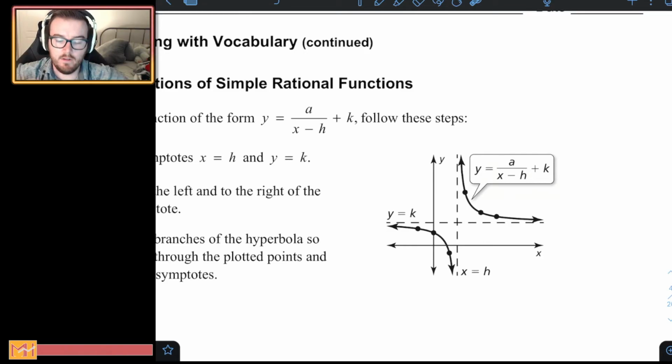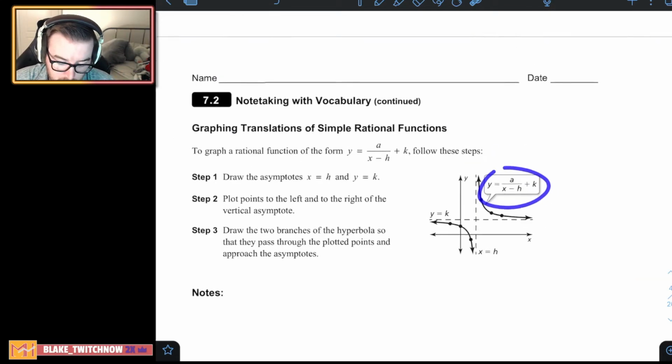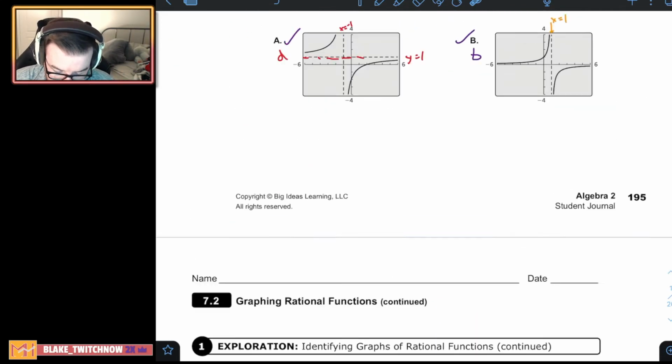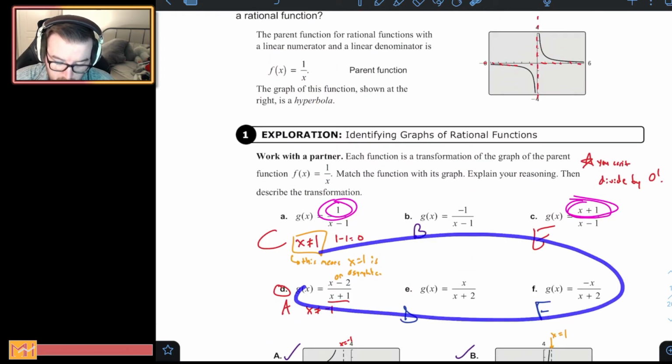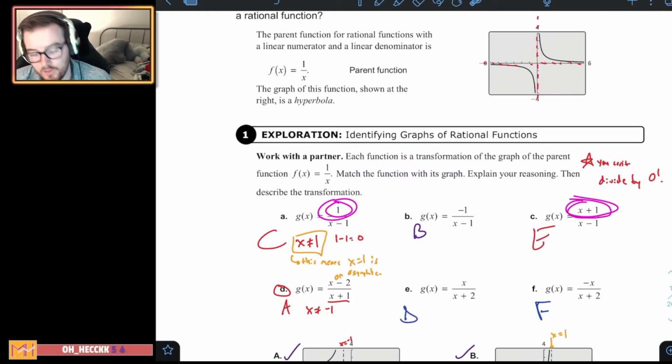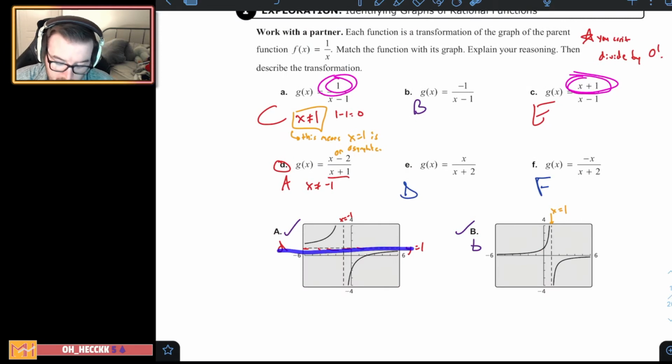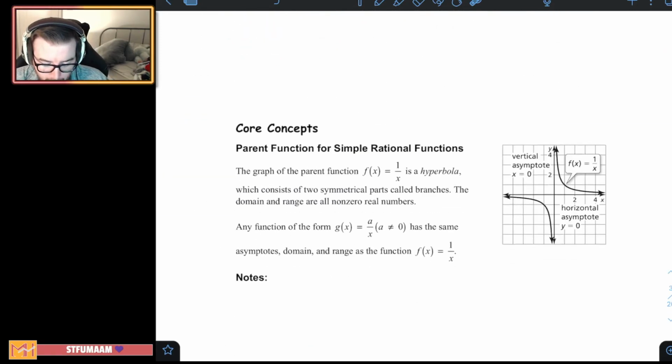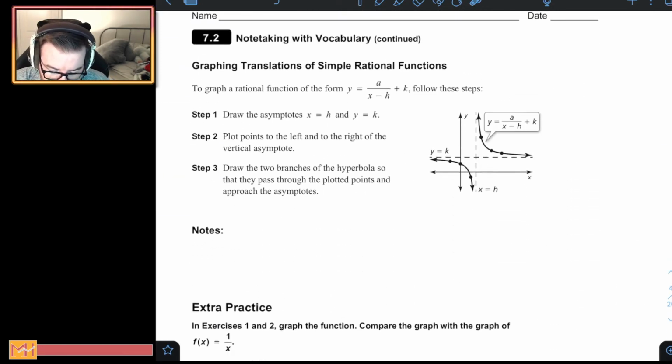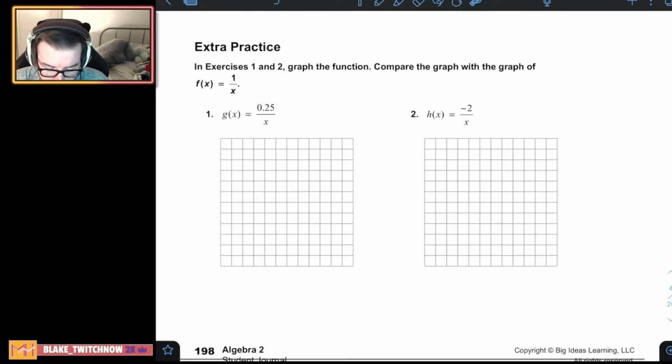It's moving up and down. But if it's not written in this form, which clearly none of these were, well then it gets a little dicier when trying to determine the horizontal asymptote, and that's where my little rule comes into play of the quotients. Okay. All right.